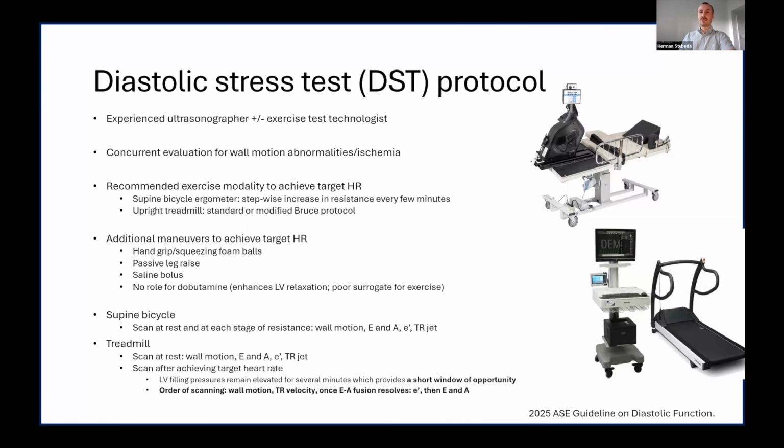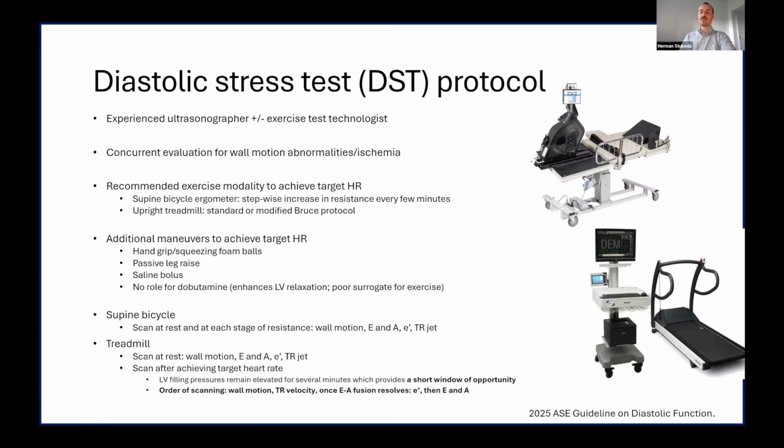If the patient's on a supine bike, the patient is fairly still, which will allow us to scan the patient at each level of resistance. We will be able to get wall motion, E and A velocities, E prime velocities, and the TR jet. But if the patient is on a treadmill, we can only really scan before and after exercise.